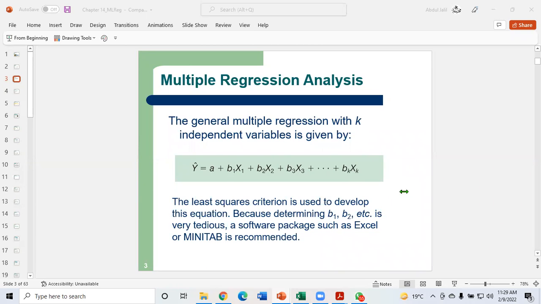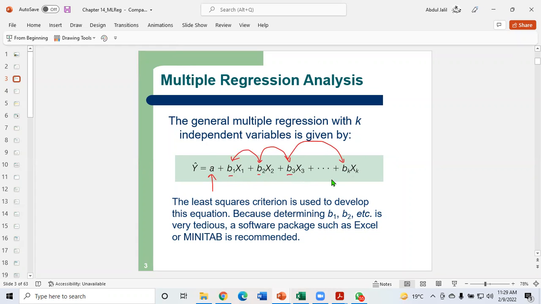Sir, A would be the y-intercept, right? Because we used this formula in linear regression also. And X would be the independent variables. Right. This is the intercept, and these are what?